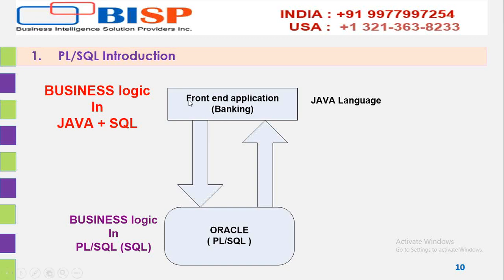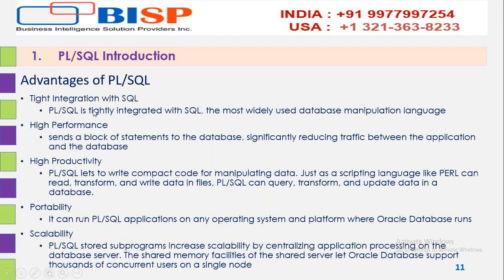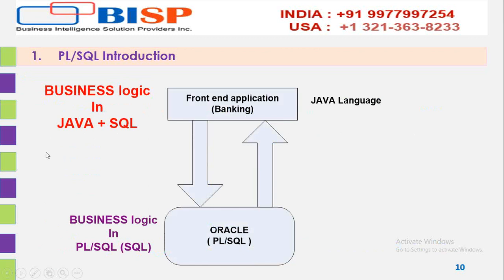We need to have a front-end application, written in Java. All the business rules are applied on the savings account. We have different types of accounts like savings, current, loans, personal loan, housing loan, mortgage loan, deposits, forex.